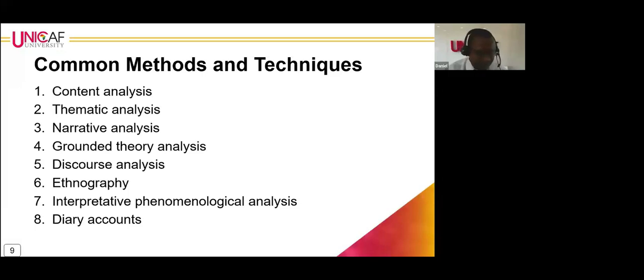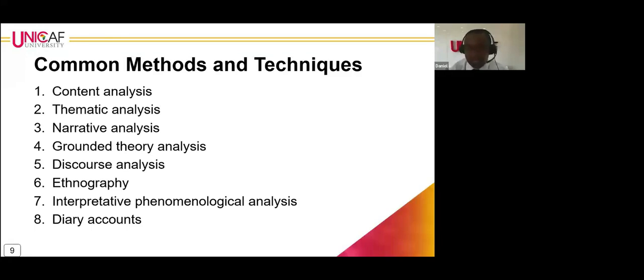The third one is narrative analysis. From the word narrative, to narrate is to tell a story. So narrative analysis is a form of analysis that you undertake based on the stories that you could have generated in data collection. The fourth one, grounded theory, is an interesting one. Grounded theory is deep-rooted in qualitative research, and it is a theory that you arrive at from your engagement with literature and participants.